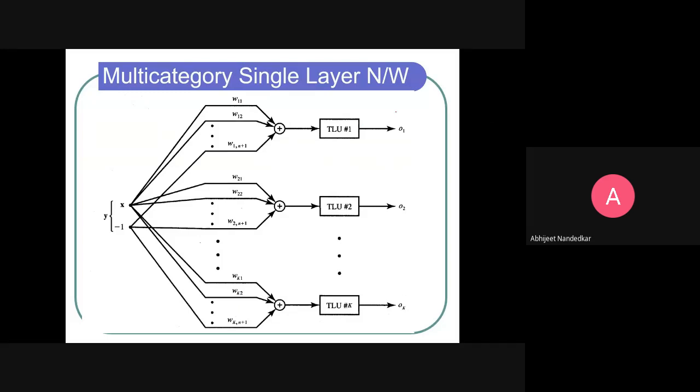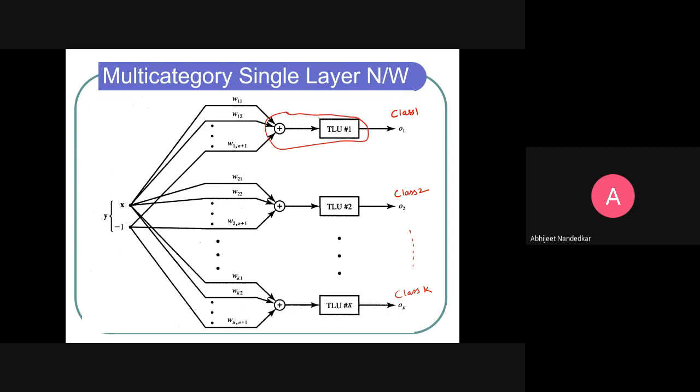Say this O1 is class 1, this O2 is class 2, and so on up to class K. So these are all K different classes you want to learn, and each class is represented by one neuron.